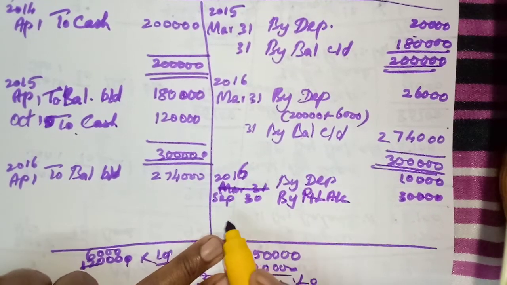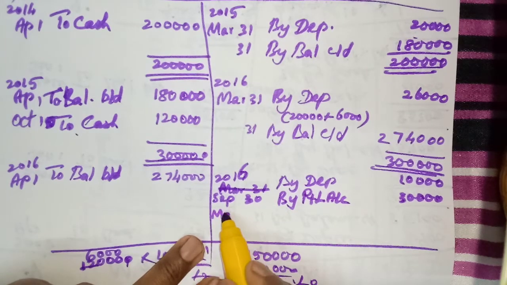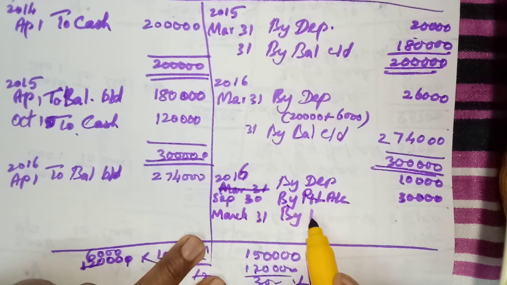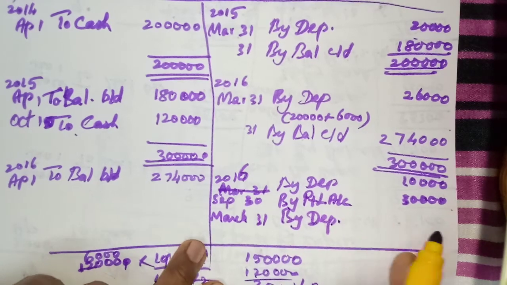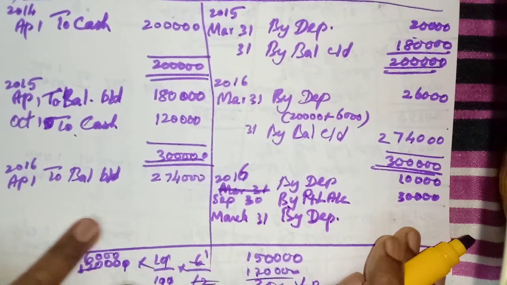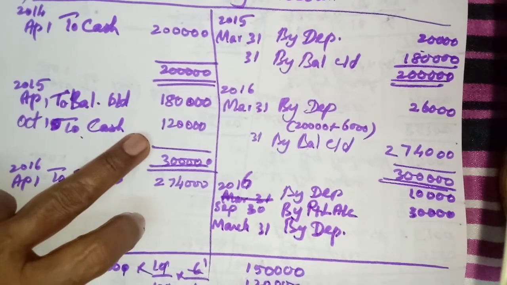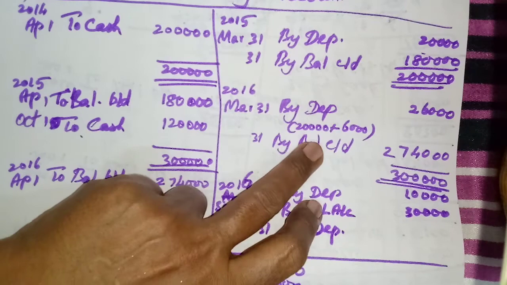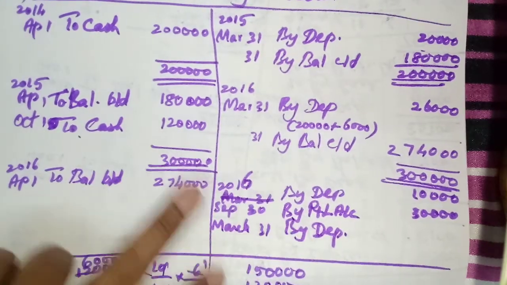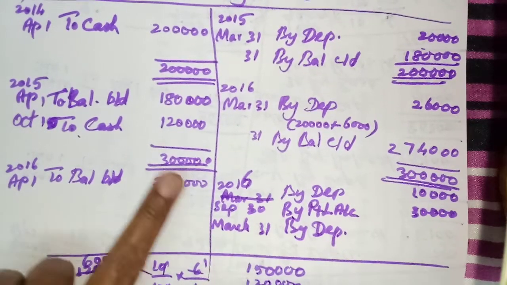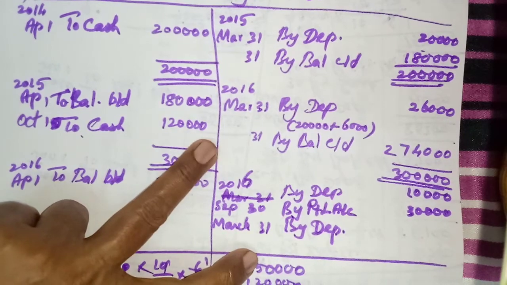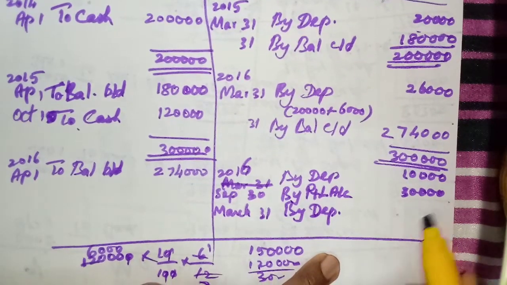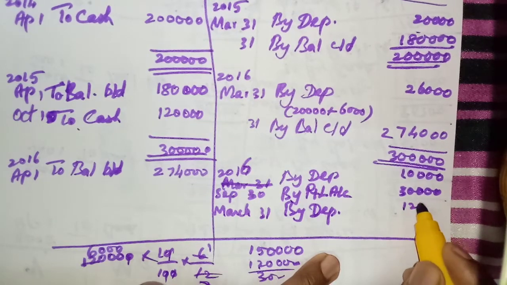Okay, now March 31 by depreciation. How much will we get for the other machine? 1,20,000. The first year we calculated 6,000, isn't it? For this year it will come fully, 1,20,000 into 10 by 100, 12,000 for the second machinery.